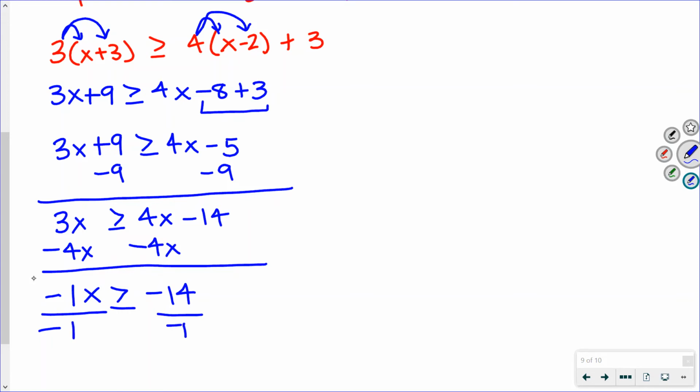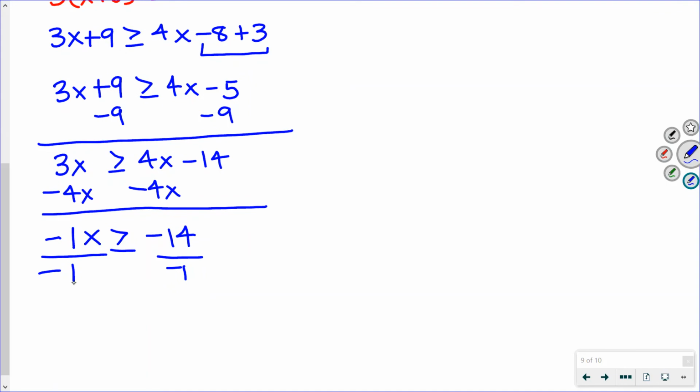Remember what we said earlier. When we divide or multiply by a negative, it's going to flip our sign. So x becomes positive x, greater than or equal becomes less than or equal, and negative 14 becomes a positive 14.